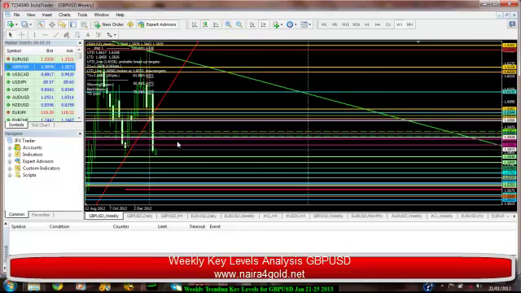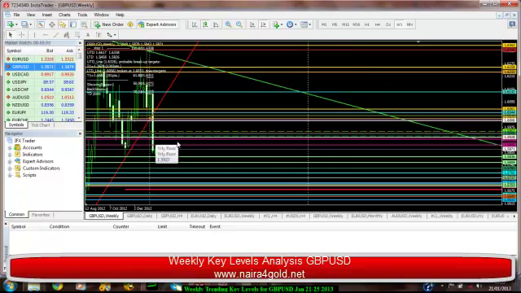Okay, so what we're expecting at this time: there is a confluence of key levels up here. We have the yearly floor pivots at 1.5927, which has been temporarily turned to resistance. The yearly Camarilla buy level has also been temporarily turned to resistance.